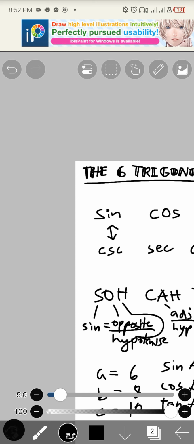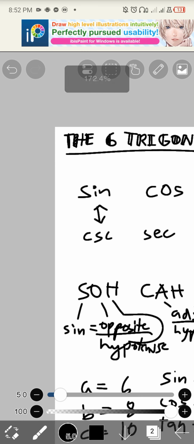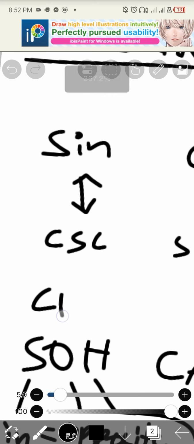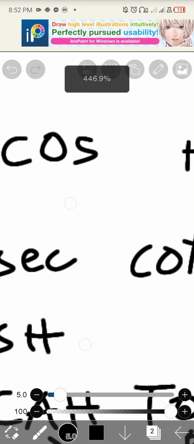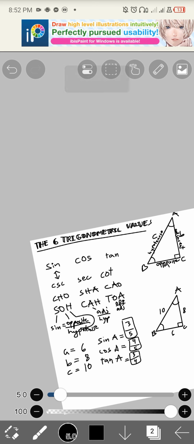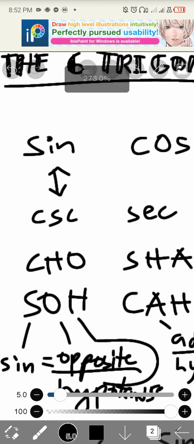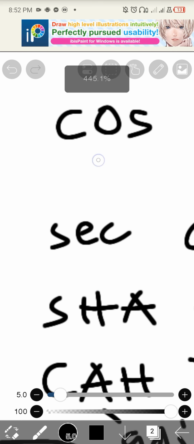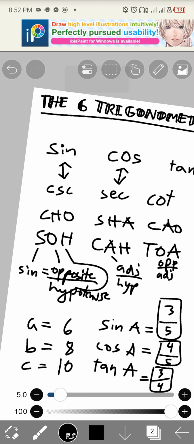So remember SOH CAH TOA, or if you want a separate identification, CHO SHA CAO. So you just swap. If sine is opposite over hypotenuse, cosecant is hypotenuse over opposite. If cosine is adjacent over hypotenuse, secant is hypotenuse over adjacent.